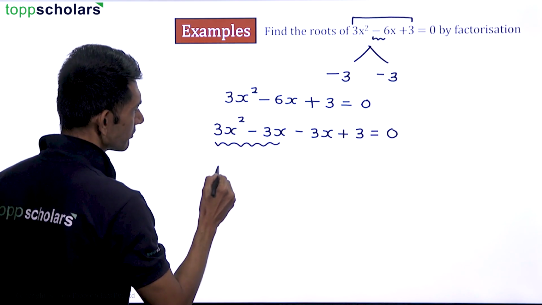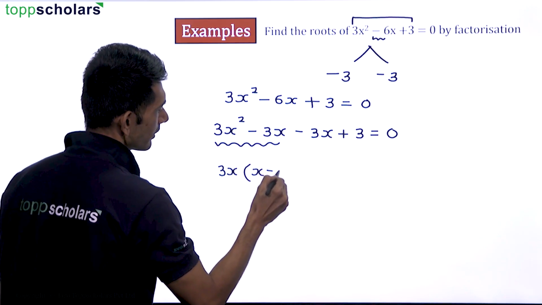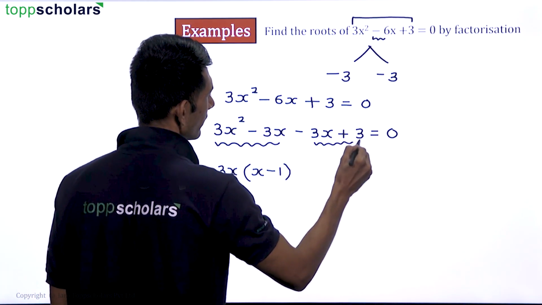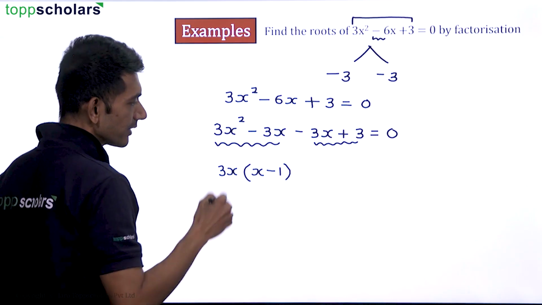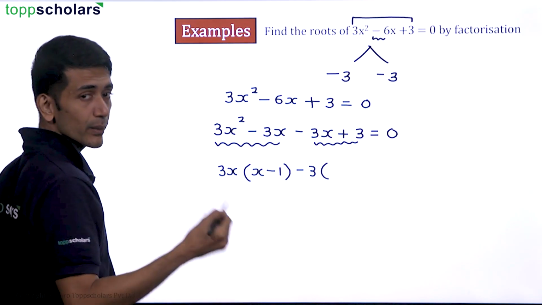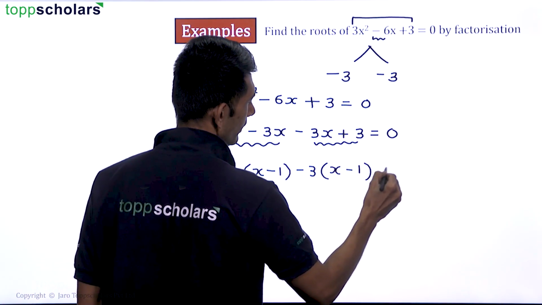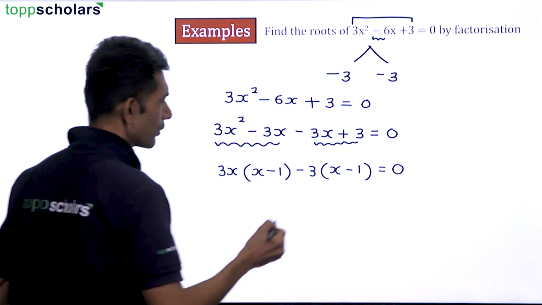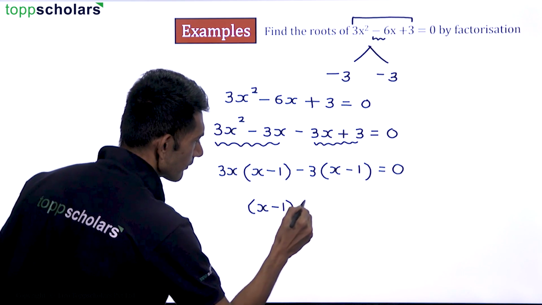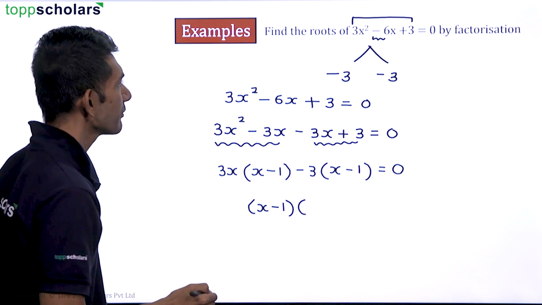So this becomes 3x times x minus 1. From here you can again take minus 3 common, then you get x minus 1. This is equal to 0. So you get x minus 1 and you get 3x minus 3, right? So this is 3x minus 3.